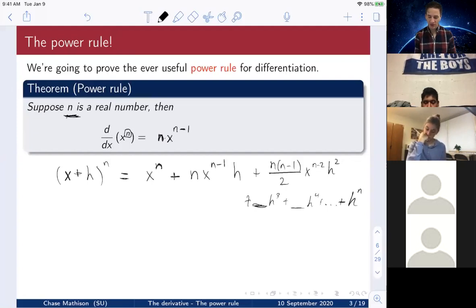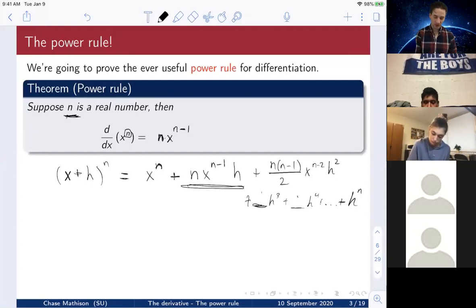I'm skipping over what these coefficients should be. If you want to know, you can just ask me. They actually don't affect the proof at all. The only thing that really affects the proof is this one. If you trust me on that one, and trust me, that's right, then the rest of the proof follows pretty easily.